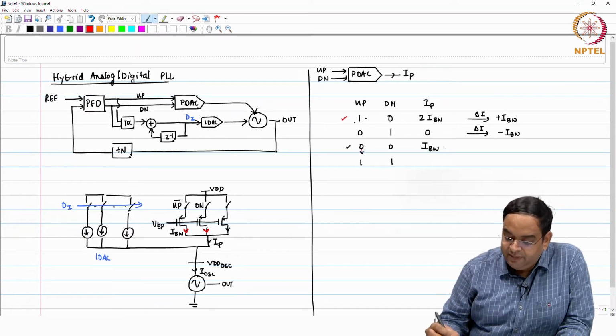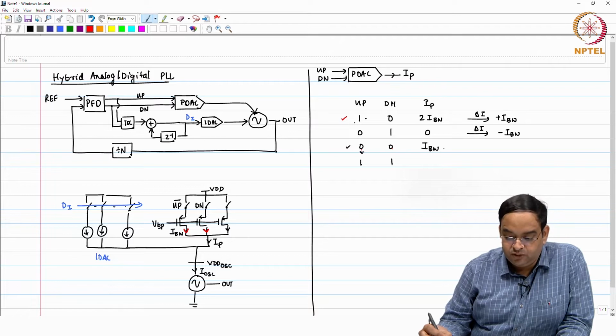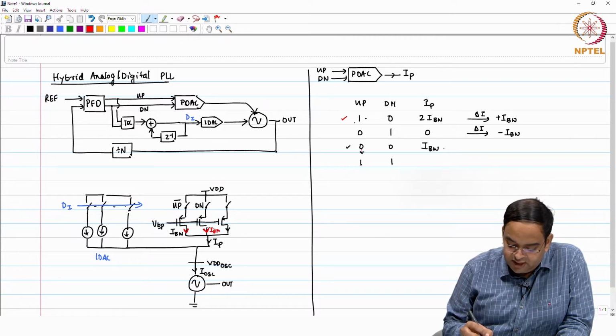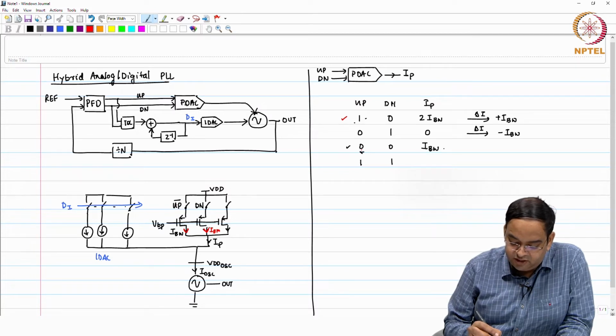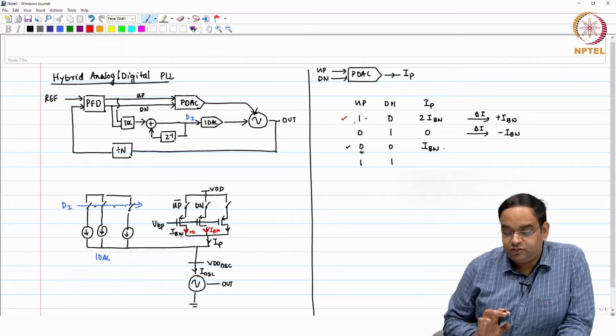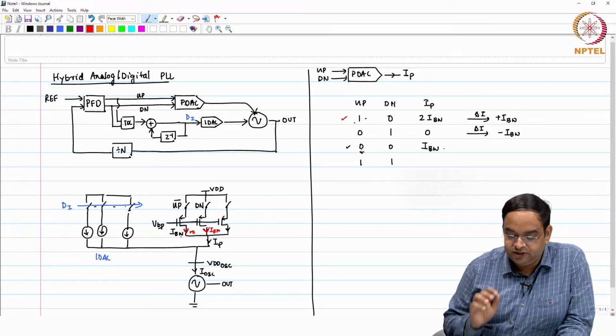In case when up is 0 and down is 0, you will have I bandwidth current flowing through this, and there is no current here, because up is 0, up bar is 1, this value is 0. So, I bandwidth flows when up is 0, down is 0.